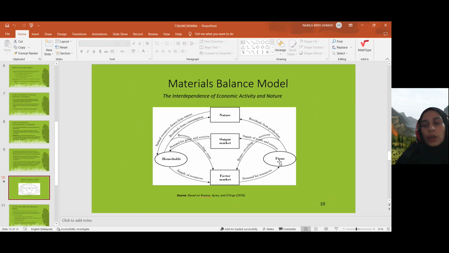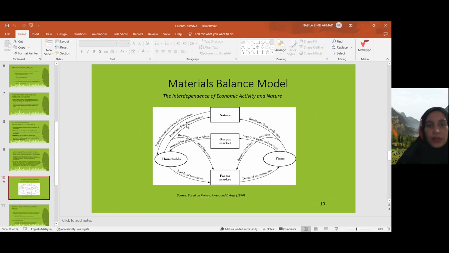When the firm produces, it will have residuals that go back to nature. These are residuals from production. The household's consumption also produces residuals, known as residuals from consumption. The residuals go back to nature, and they can also go back to the household and the firms.